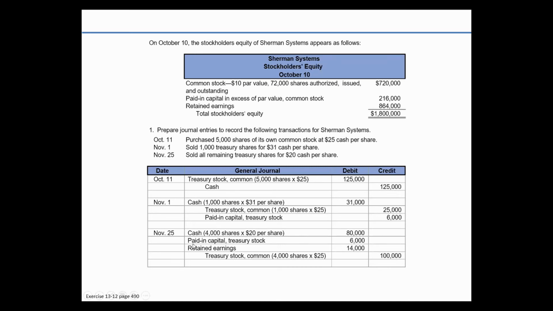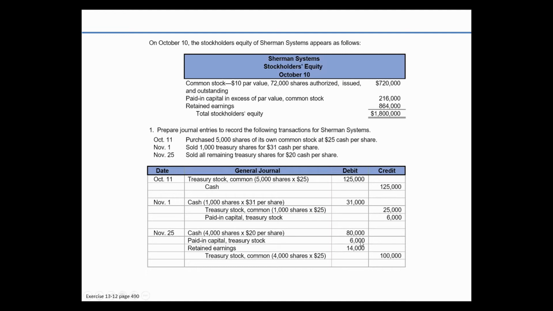We also then have to debit the paid in capital treasury stock for 6,000, because that is the difference of that versus the price that we originally paid for it.